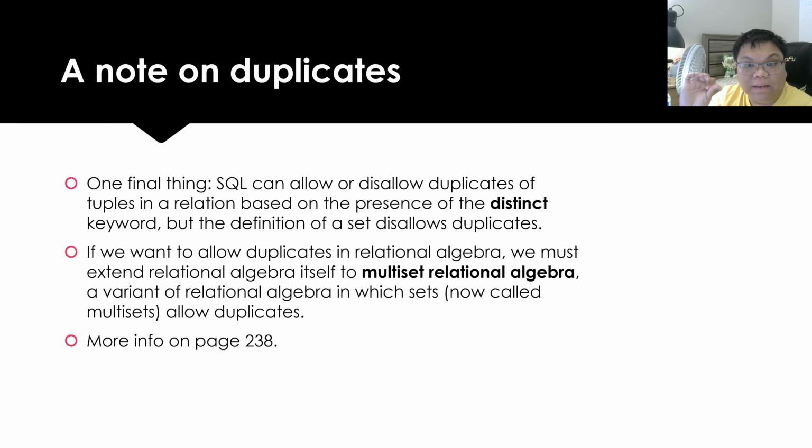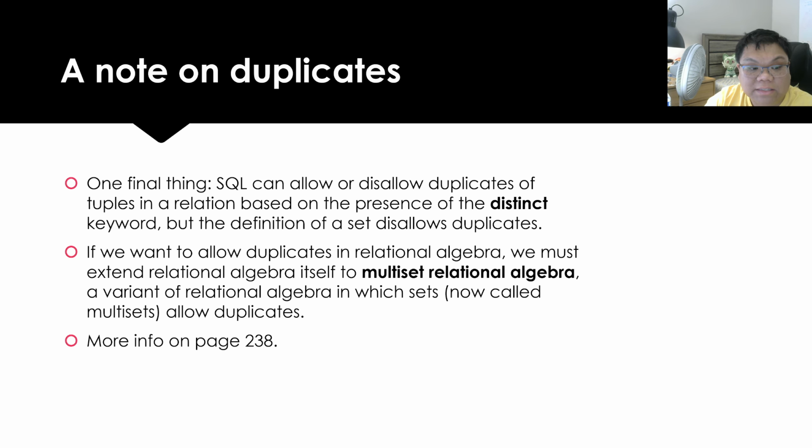A note on duplicates. By definition, a set does not allow duplicates. In SQL, we can allow or disallow duplicates of tuples based on the presence of the distinct keyword. But the definition of a set disallows duplicates. If we want duplicates, we must extend relational algebra to multi-set relational algebra. This is a variant of relational algebra, except the sets we're dealing with are now multi-sets.